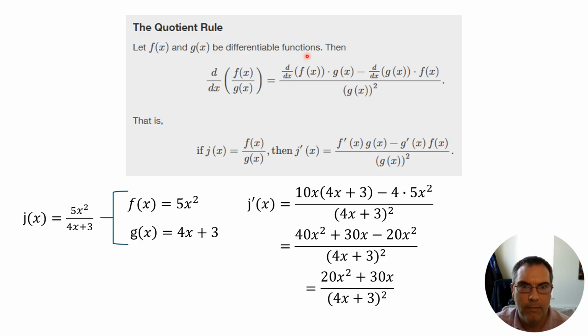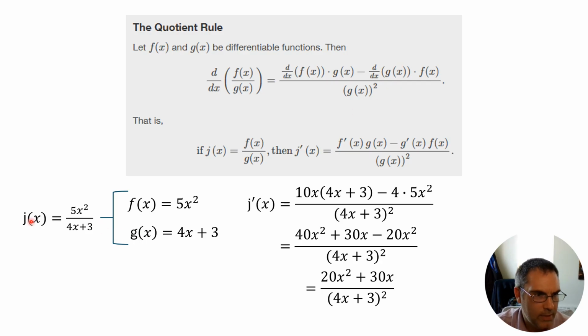So we have the derivative of f times g and the derivative of g times f, which was just like the product rule, but instead of adding them together, we're subtracting them one from the other. So a bit more to remember here with the quotient rule than with the product rule.